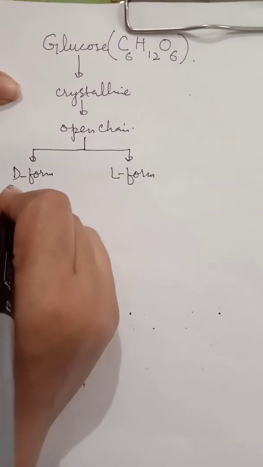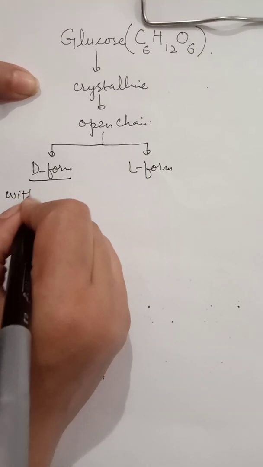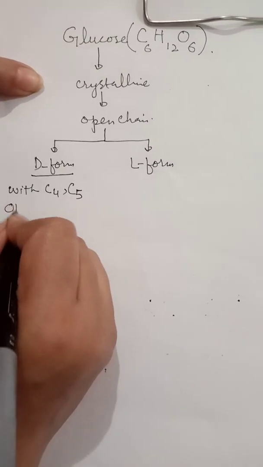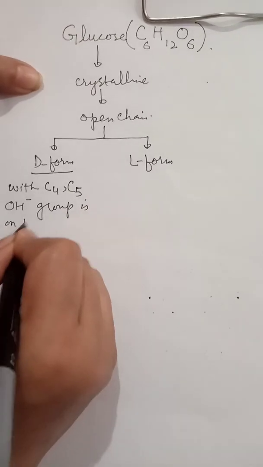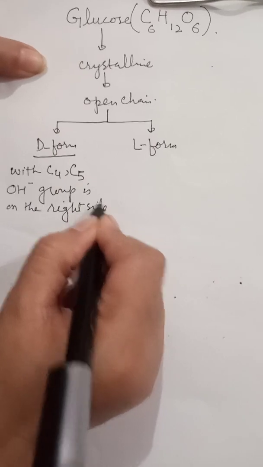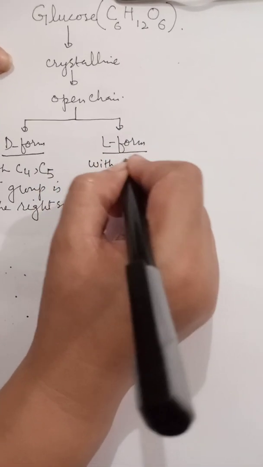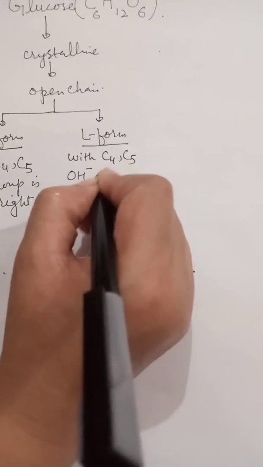Keep this in mind: in D form, the hydroxyl group on carbon number 4 and carbon number 5 is on the right side, while in L form, the hydroxyl group on carbon number 4 and 5 is on the left side.